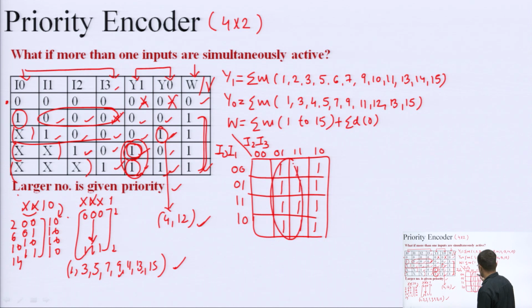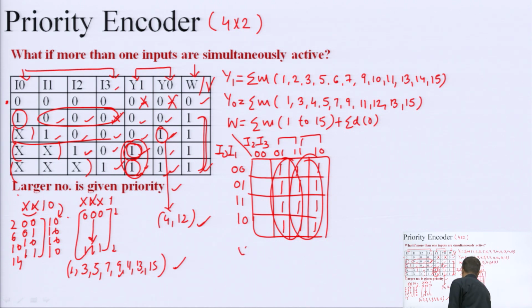Then we can check that there are 2 octets corresponding to common term from these 2, which is I 3 and these 2, which is I 2. So, y 1 is equal to I 2 plus I 3.